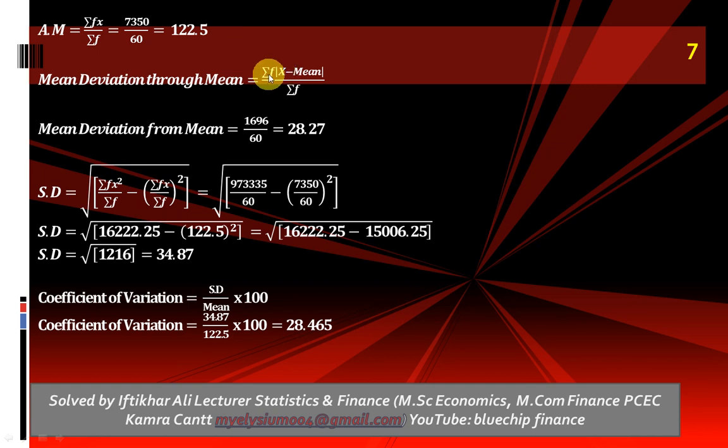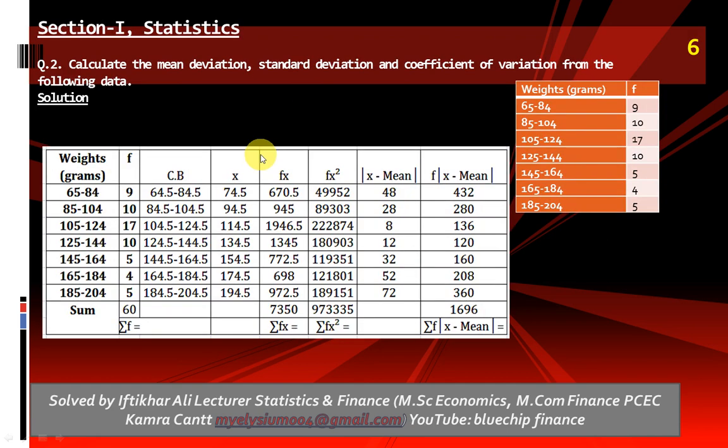These bars indicate that you must ignore the minus sign while calculating this. So first of all we need the mean, because we are going to subtract each value of x from the mean. The formula for mean is sum of fx over sum of f.